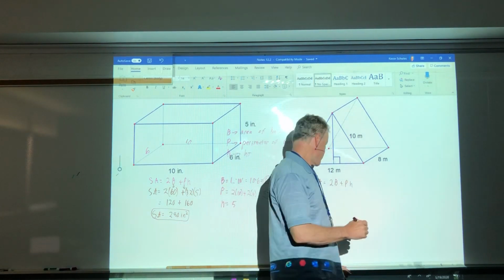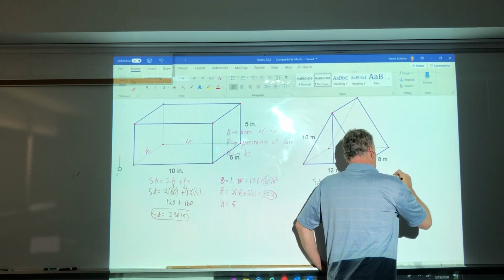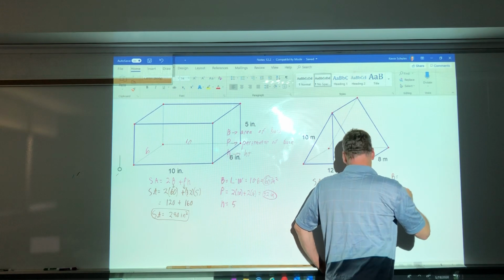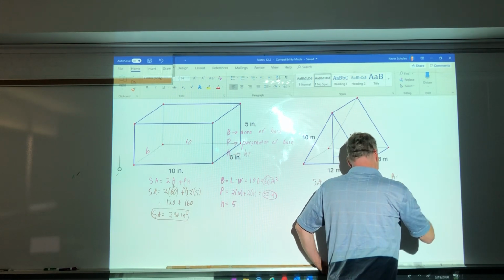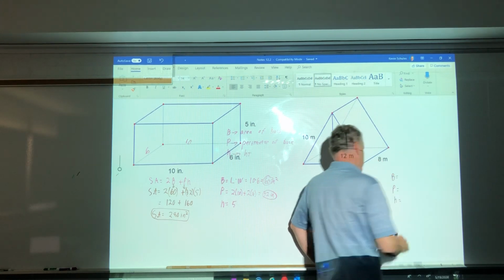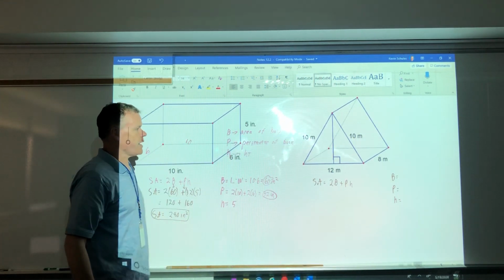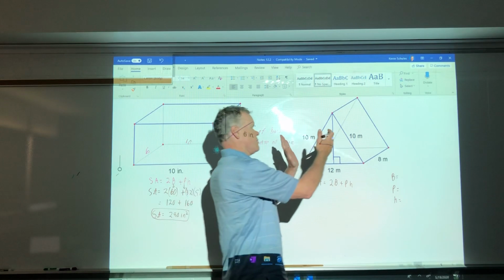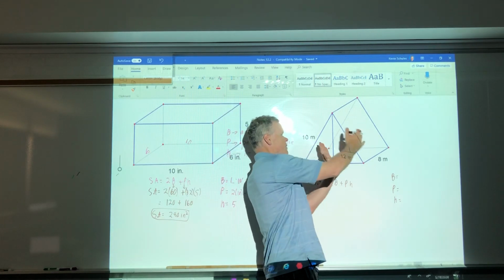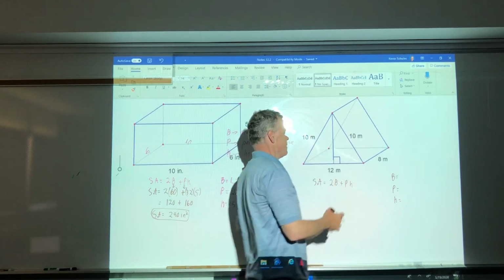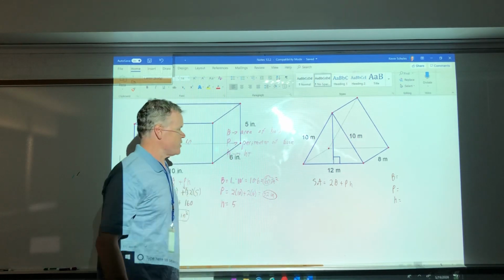Always keep yourself organized. So our big B, our base, we need our perimeter of the base, and we need our height. We get our height, which luckily the height's given to you right here. Now, you're almost looking at this as a triangular prism, but figure it as being down on the ground. And this is going to be your base.